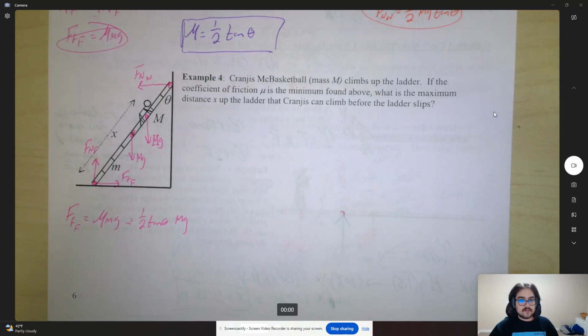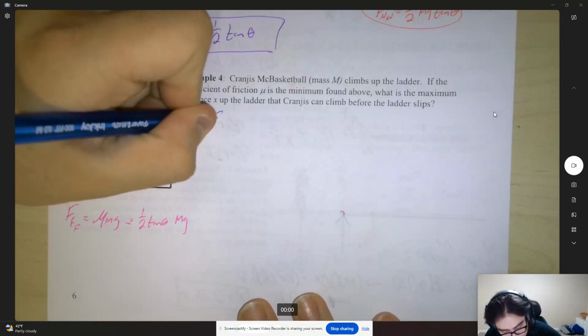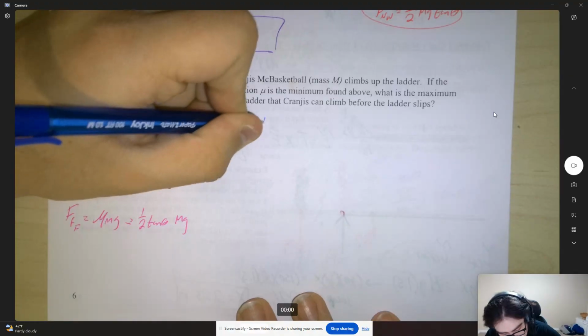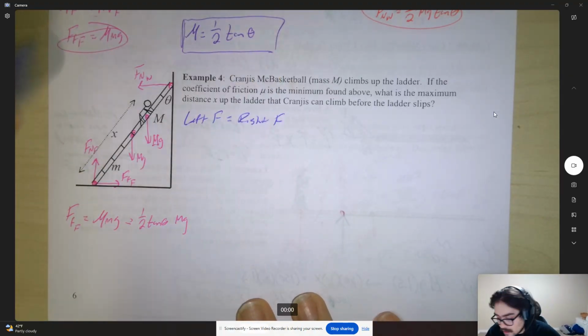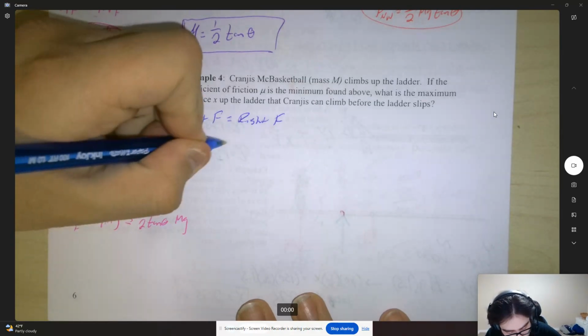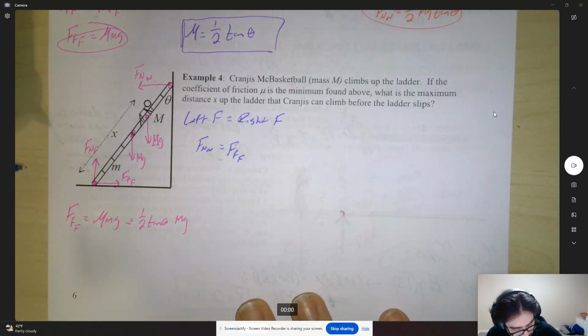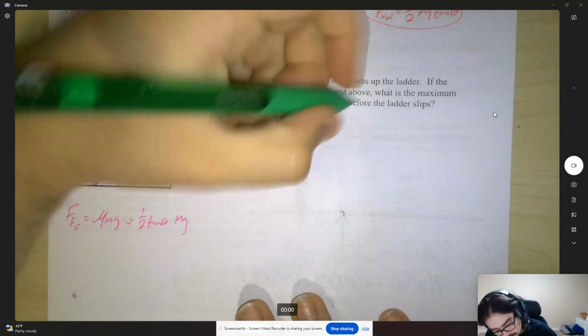So again, I'm going to rewrite my Newton's second law. Left forces equal right forces. My left force is simply still the normal force of the wall, and that needs to be set equal to the force of friction on the floor. My up forces equal down forces.